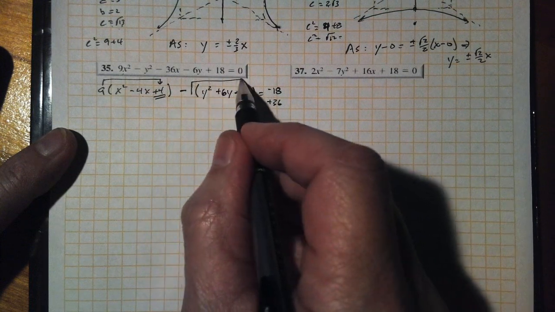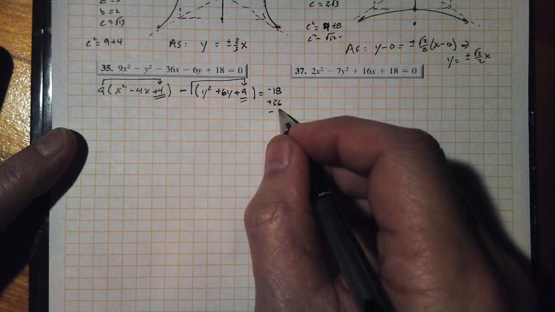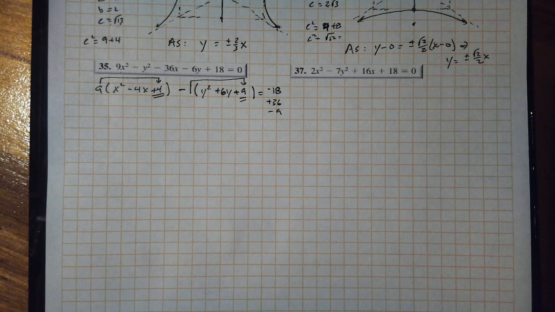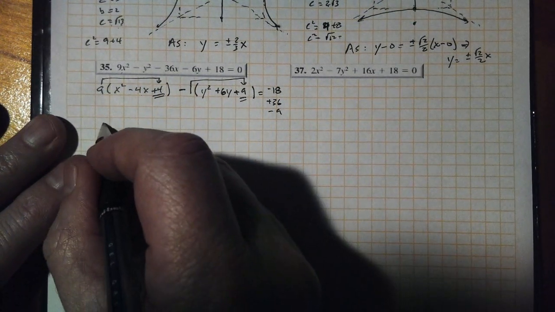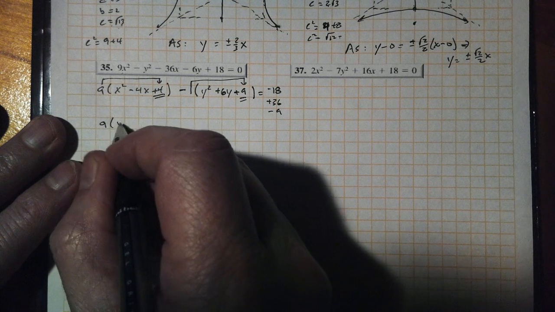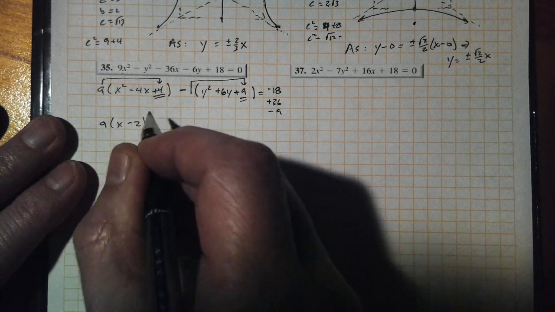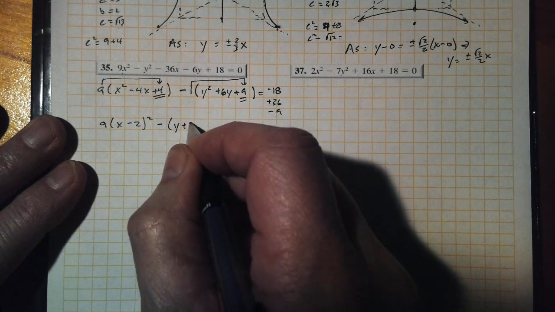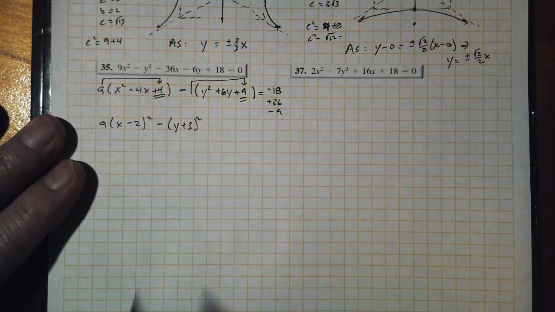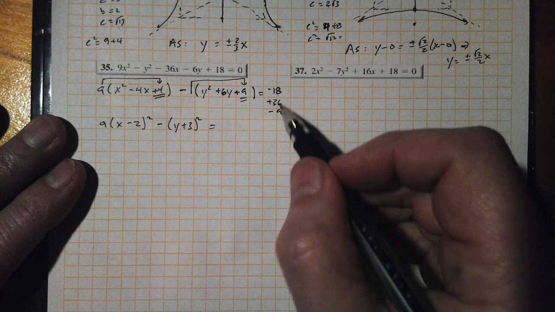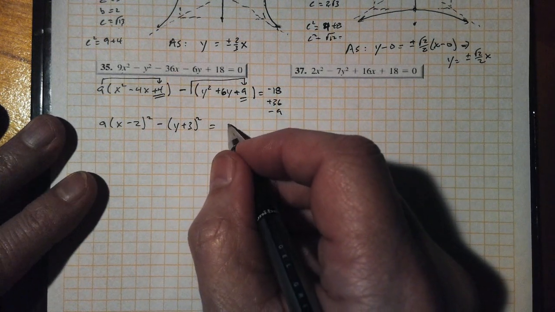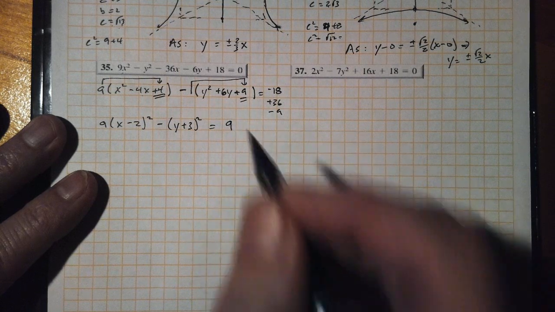What did I really just do? I subtracted 9. So I've got 9 times x minus 2 squared minus quantity y plus 3 squared equals, that's negative 27 versus positive 36, equals positive 9.